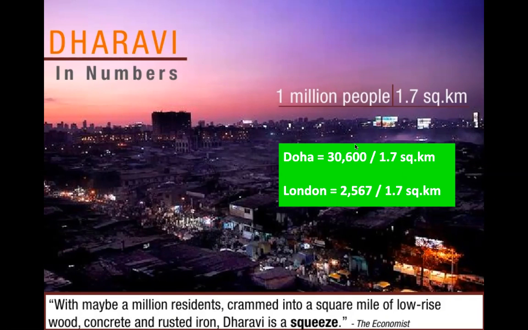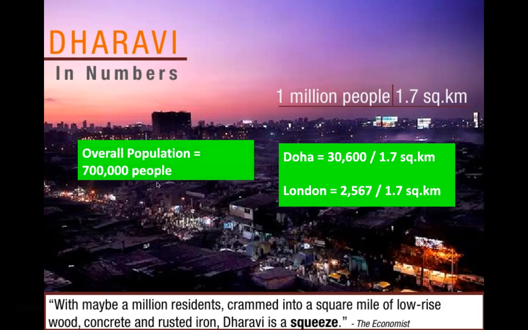So 1 million people in the same space, whereas in Doha you would have 30,000, in London 2,567. And to give you an idea, 1.7 square kilometers is about 2 times Albeda Park. So imagine Albeda Park, double the size, and you've got 1 million people living there.